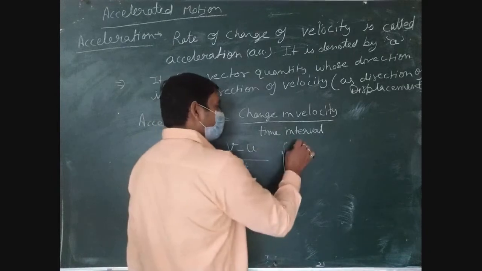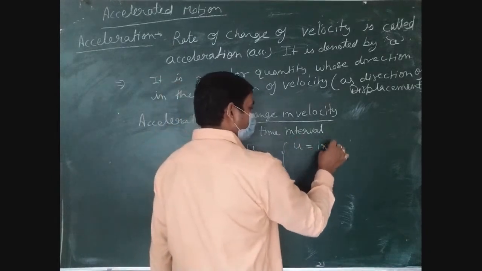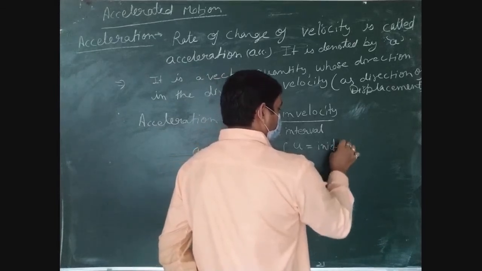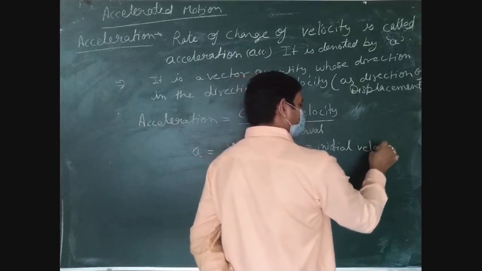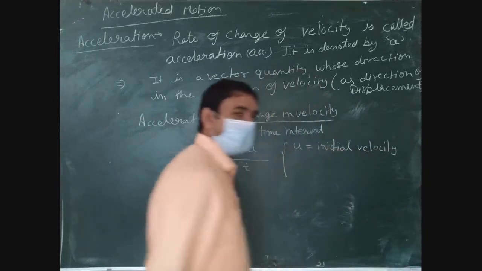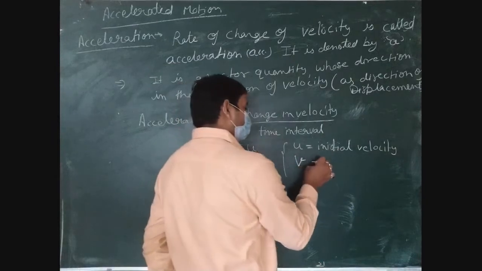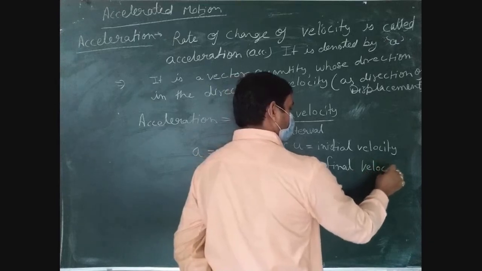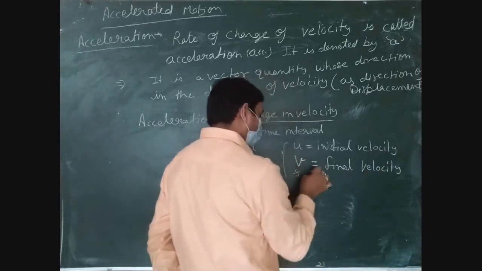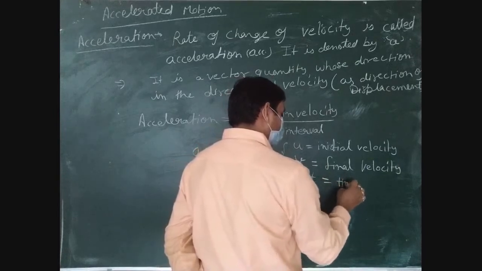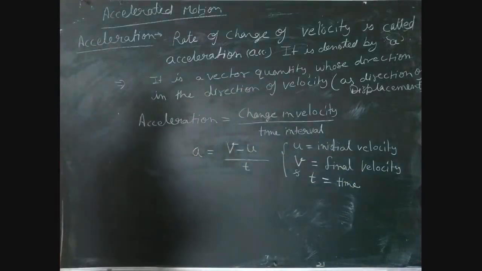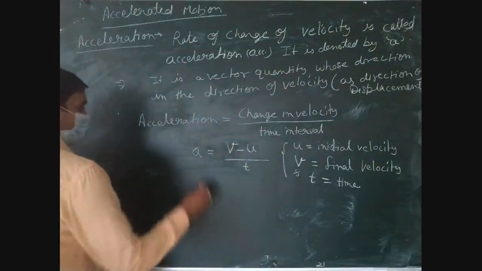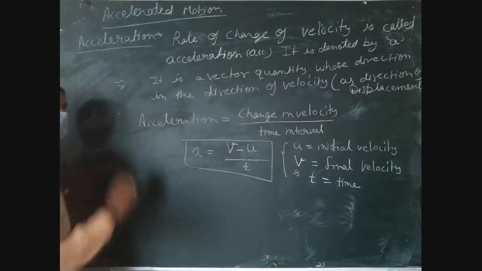Here students, u is initial velocity, v is final velocity, and t is the time spent in changing velocity from u to v. Now students, this is the relation for the acceleration.